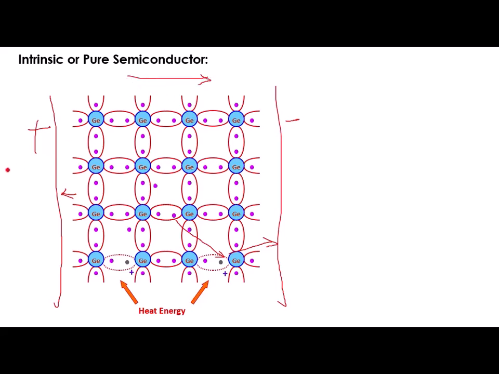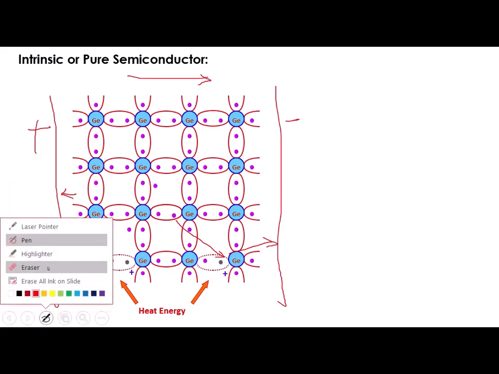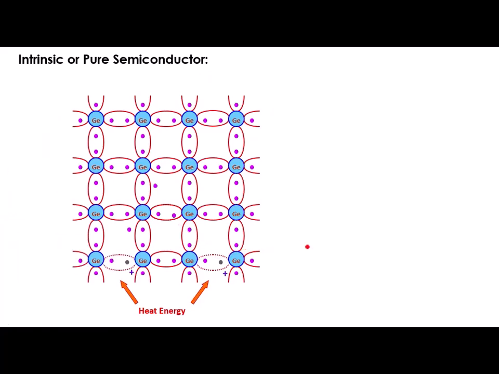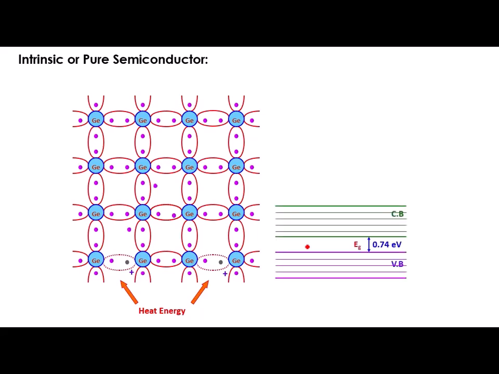Now, we can study the same thing using the band theory of solids. You know that according to band theory of solids, a semiconductor is a material which has two bands. One is called the valence band, one is called the conduction band, and all the valence band energy levels are completely filled and all the conduction band levels are completely empty.